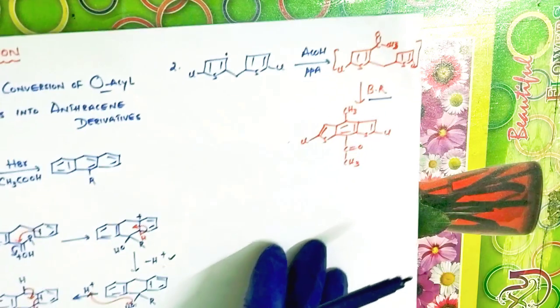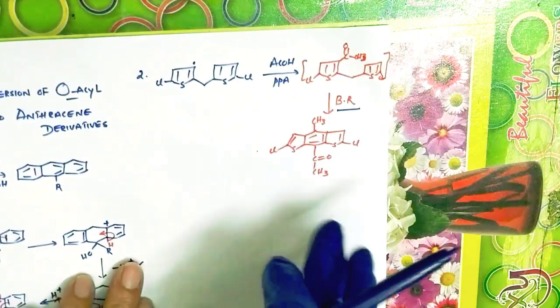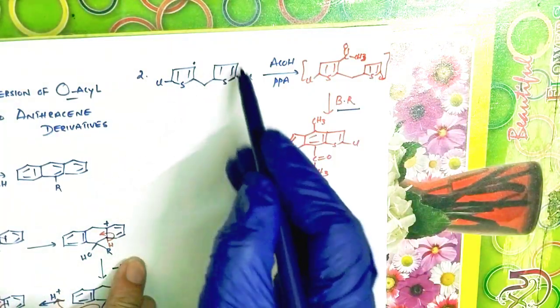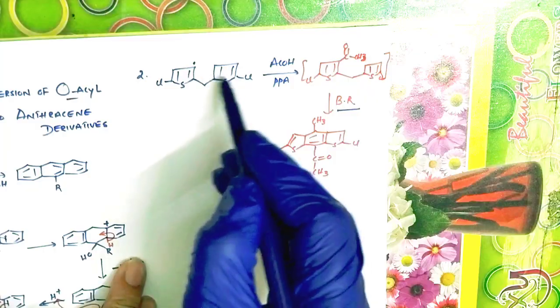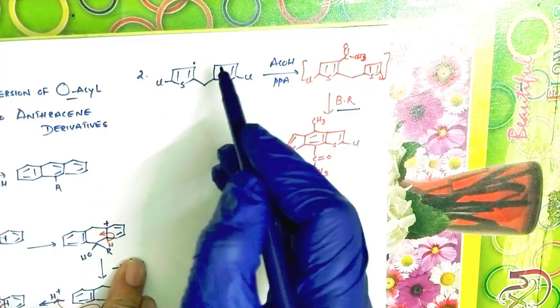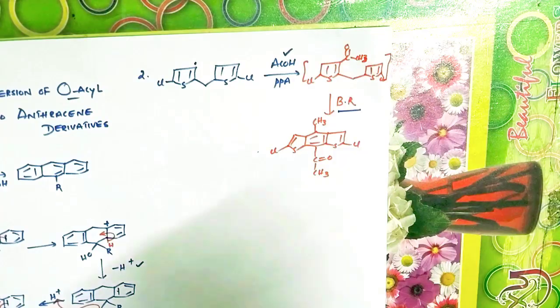So similarly, this reaction is not only applicable to the anthracene derivatives, similar kind of aromatic moieties can also be developed. Let's take an example. See this, here it is a compound which is having two thiophene rings, right? Both are aromatic in nature or not? So initially what the people have done, acetylation.